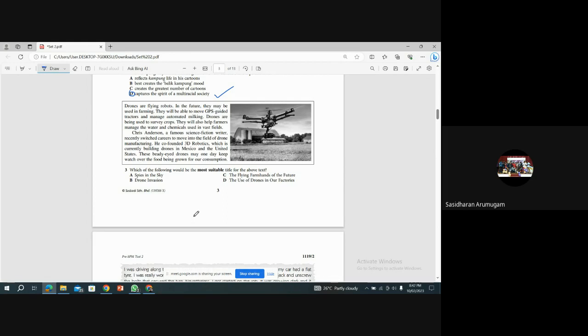He co-founded 3D Robotics, which is currently building drones in Mexico and the United States. This beady eyes drone can one day keep watch over the food being grown for our consumption. Which of the following will be the most suitable title for the above text? Spies in the Sky, Drone Invasions, The Flying Farmhands of the Future, or The Use of Drones in Our Factories.